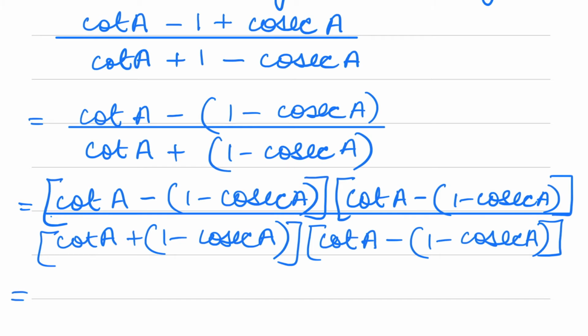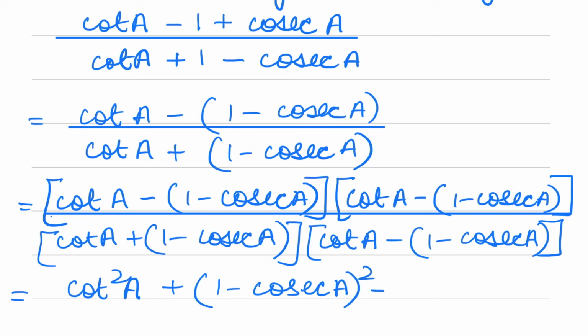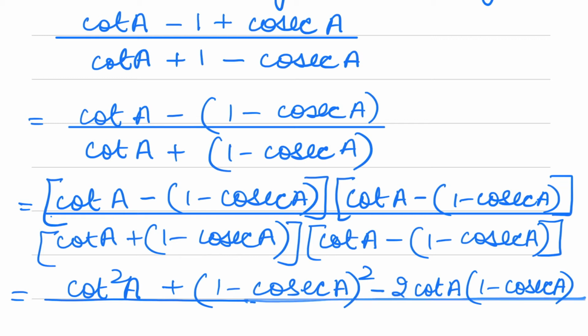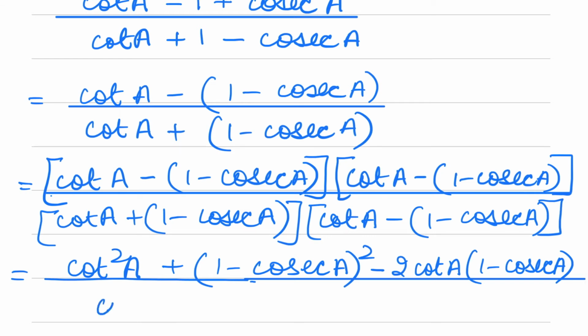Now in the numerator we have a minus b whole square, so I can do a square, so cot square a plus b square, 1 minus cosec a whole square, minus 2ab, so 2 cot a into 1 minus cosec a, divided by, in the denominator we have a plus b into a minus b, so that will be a square, so cot square a minus b square, so 1 minus cosec a whole square.